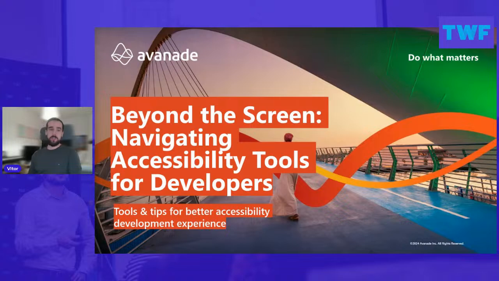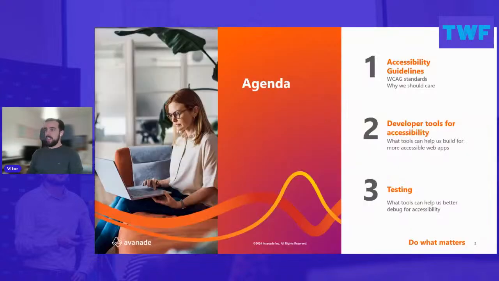I don't want to take too much time on this introduction, because I have a lot of ground to cover today. I want to cover a couple of things so everyone can have a nice basic understanding of how accessibility works. Our agenda for today: we are going to talk a little bit about the accessibility guidelines, words that maybe some of you have heard about, some maybe not, WCAG standards, the AA and AAA.